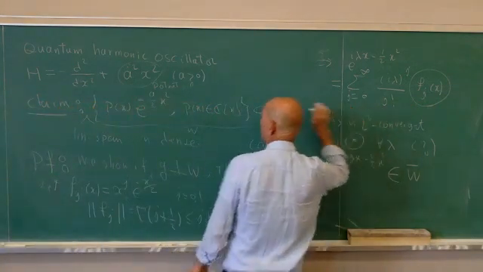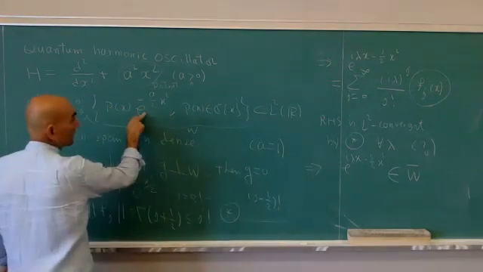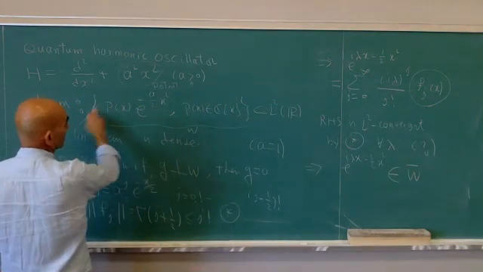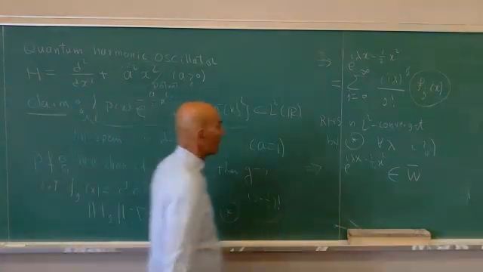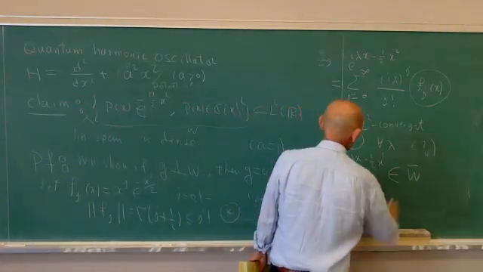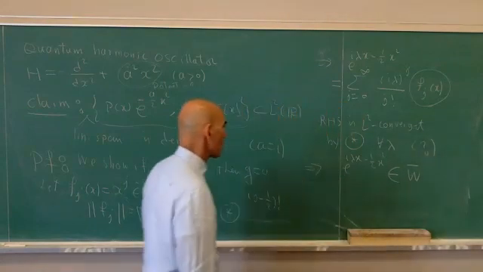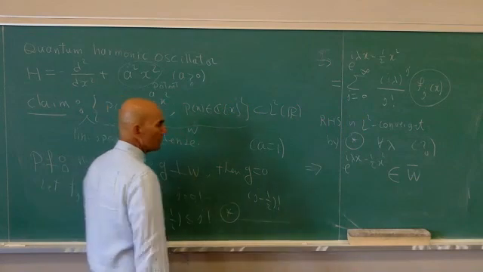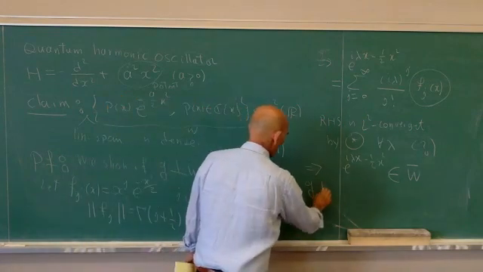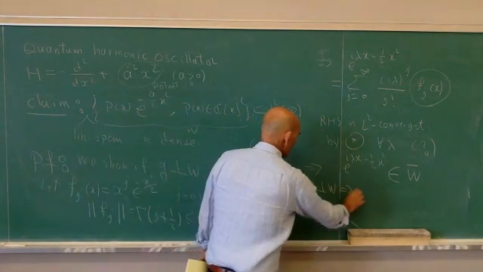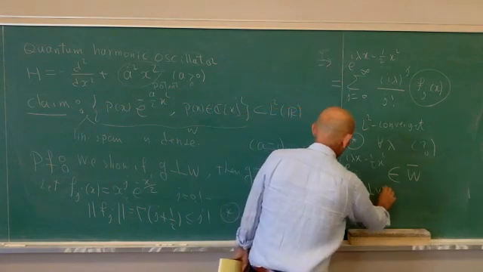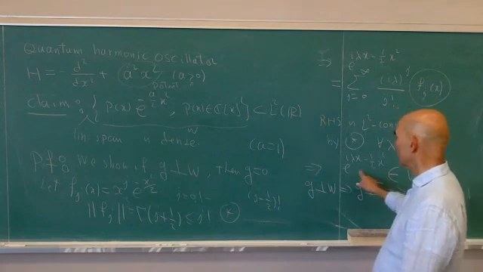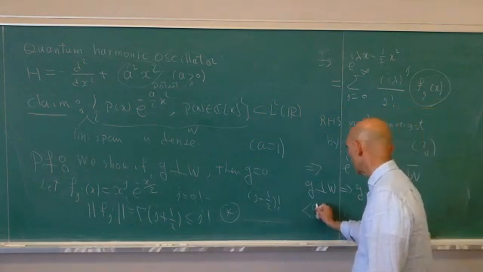It is e to the minus x squared times some polynomial, and then you're just taking an L2 sum. So this is in W bar. Now, g perpendicular to W implies that g is perpendicular to W bar, which implies that the inner product of g and this function is 0.